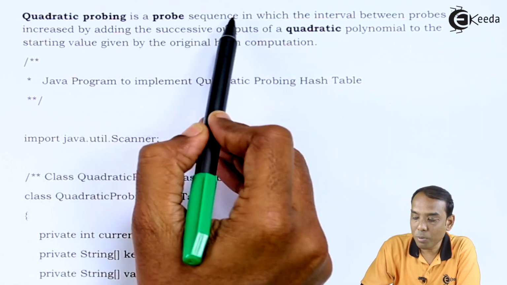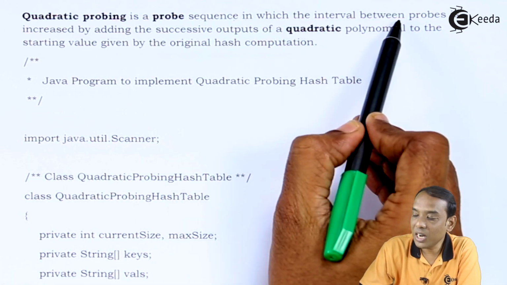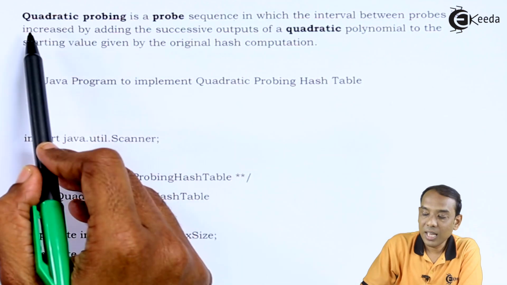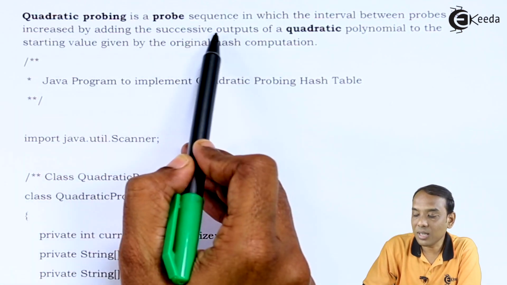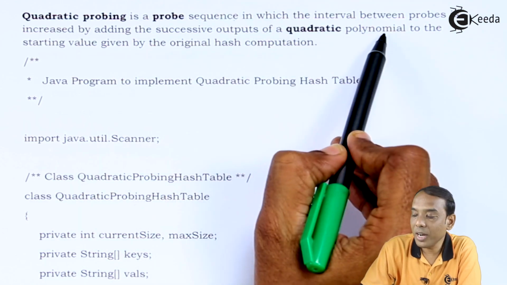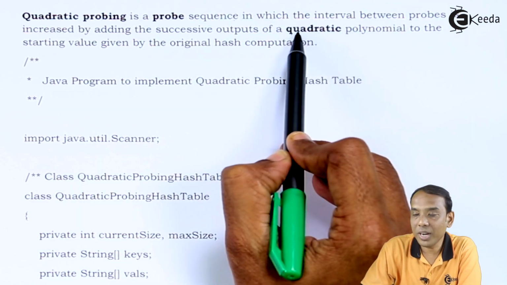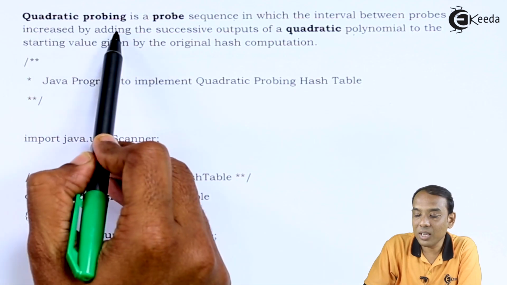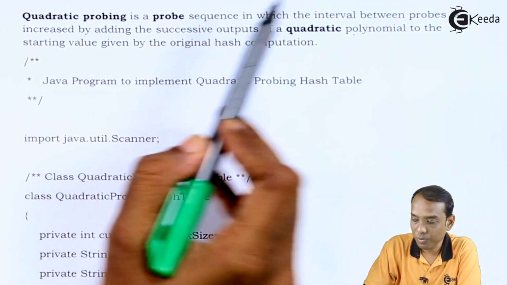Quadratic probing is a probe sequence in which the interval between the probes is increased by adding the successive outputs. These outputs are taken from a quadratic polynomial. So we define a quadratic polynomial to get the increased value of the successive output.